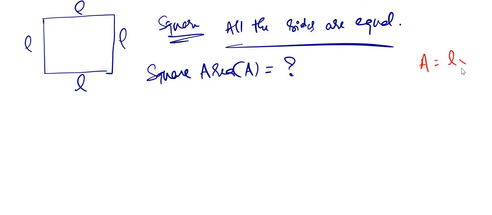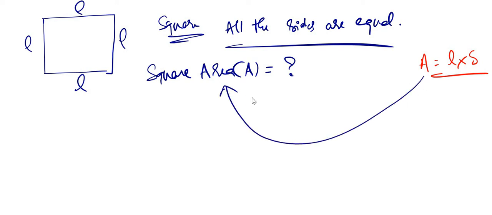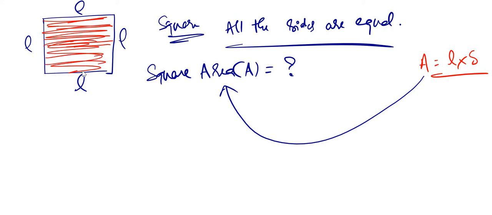Area of a rectangle equals length into breadth. The same thing we can apply here. If you want to get the square's area, the whole space inside of this box, you can consider it like this, or like this.